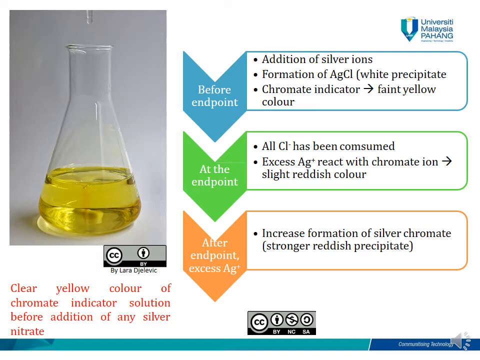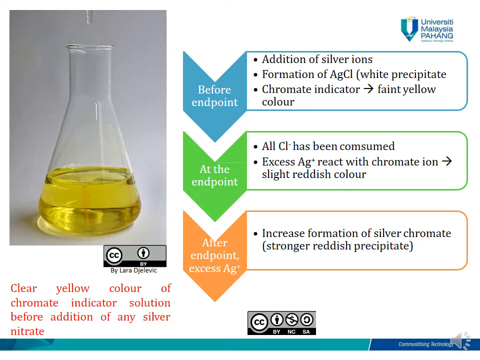Okay, so this is the observation before the endpoint, at the endpoint, and after the endpoint. Before the endpoint, you add the silver ion as your titrant, and silver chloride will be formed.